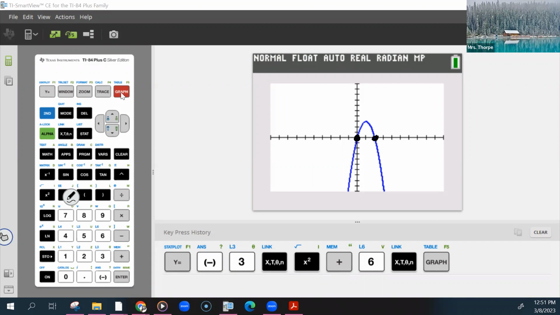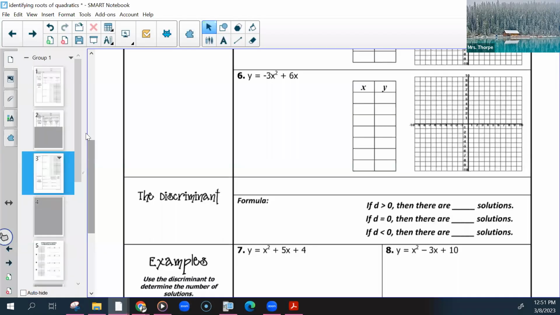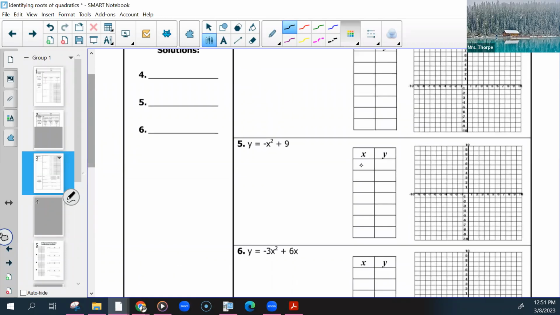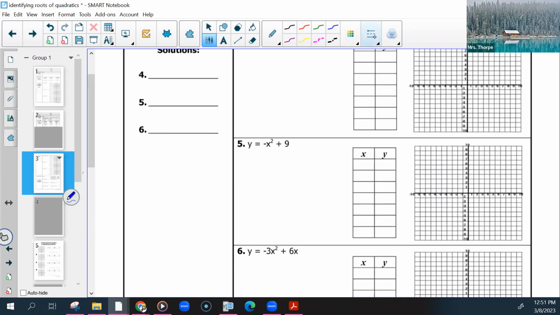So you could write them as ordered pairs or as a solution set. So we would write 0, 0 and 2, 0, or x equals in curly brackets 0, 2.